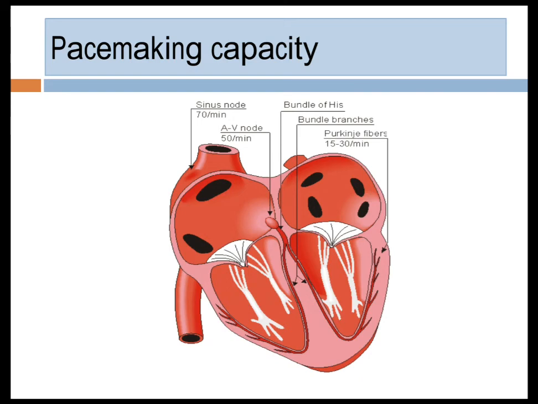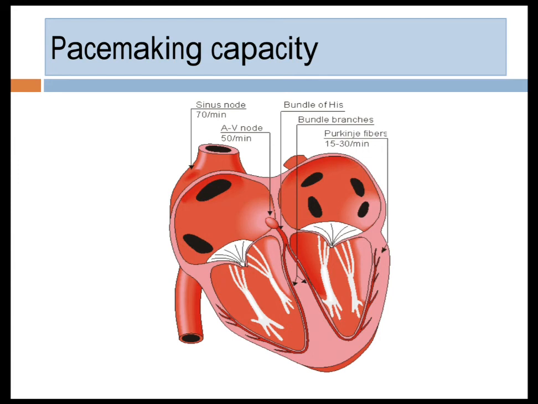Now students, here I must give you some concept about the pacemaking capacity of the pacemaking system. Suppose I take the SA node out of the heart. Suppose this is the SA node in the wall of the heart, and if I take it out, what will happen? Do you think the heart will contract?